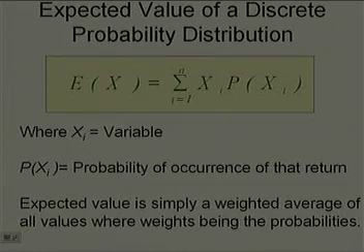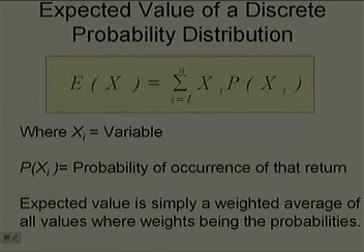Now, we will straight away move into the expected value part. Last class we defined expected value as the weighted average of all values, where the weights are the probabilities. So, if you write it as a mathematical expression, the expected value of x is the sum of the multiplication of the ith value of the variable and its corresponding probability.